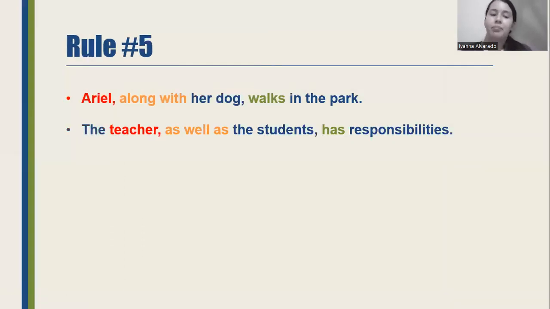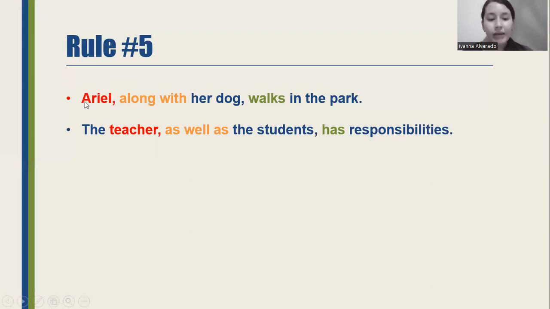Next, we have examples with rule number 5. We have: Ariel, along with her dog, walks in the park. And in the second sentence: the teacher as well as the students has responsibilities. In this case, we use singular subjects, Ariel in the first sentence and the teacher in the second sentence.